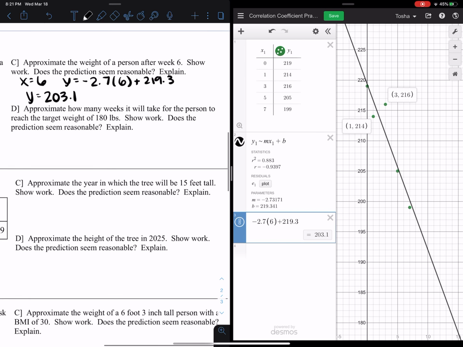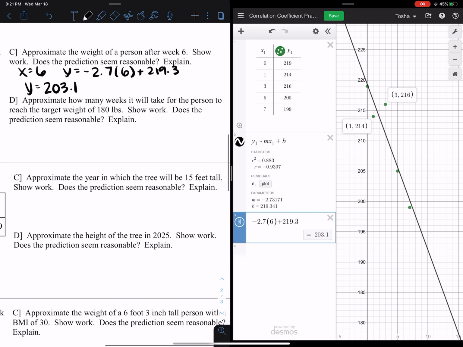Okay, part D, this one says approximate how many weeks. Remember, weeks is X. So we're trying to find how many weeks it will take for the person to reach the target weight of 180 pounds. Weight, we said, is Y. We haven't done many problems like this, but we have solved equations before, so this shouldn't be too hard.